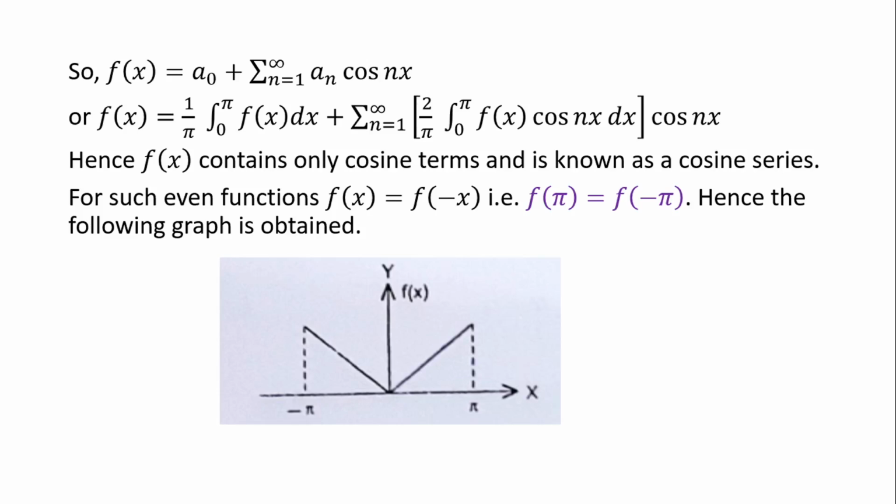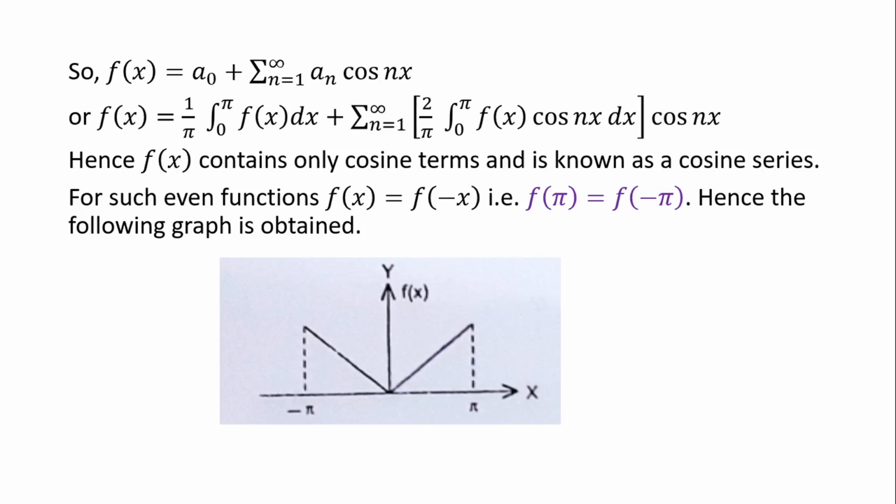So a0 is 1 by pi 0 to pi f(x) dx and an is 2 by pi integration 0 to pi f(x) cos nx dx. So the Fourier series f(x) equal to 1 by pi 0 to pi f(x) dx plus summation n equal to 1 to infinity 2 by pi 0 to pi f(x) cos nx dx into cos nx. In this way, the series has cosine terms only and it is known as a cosine series.